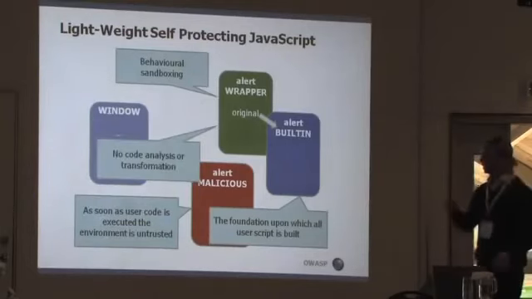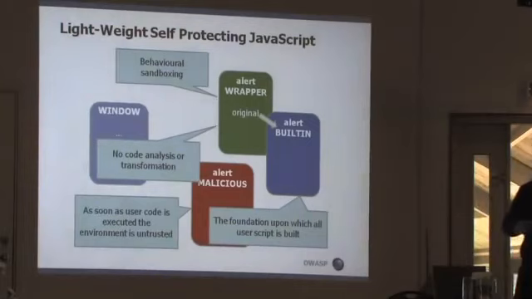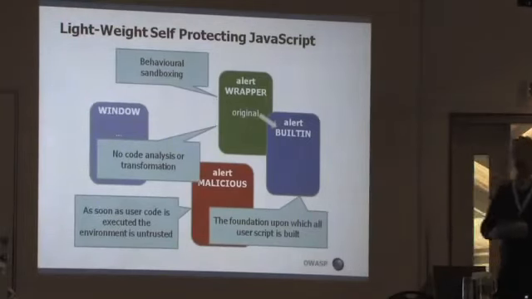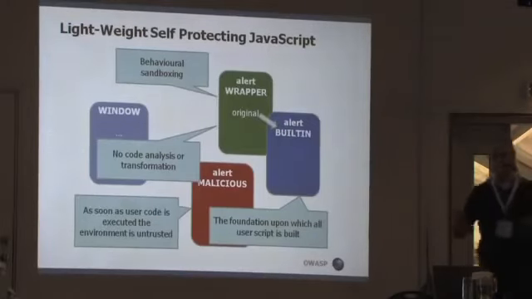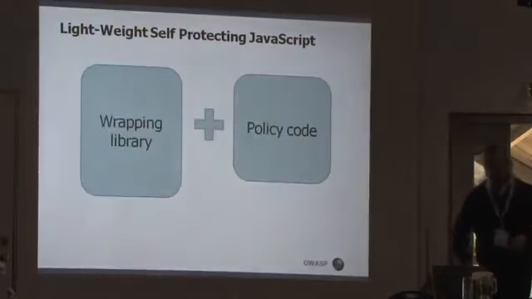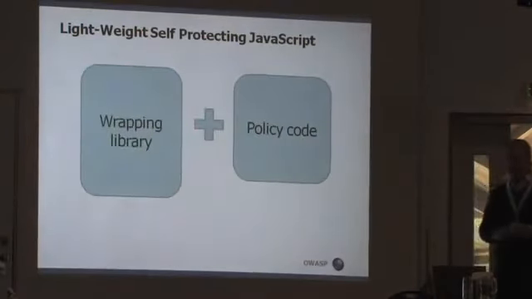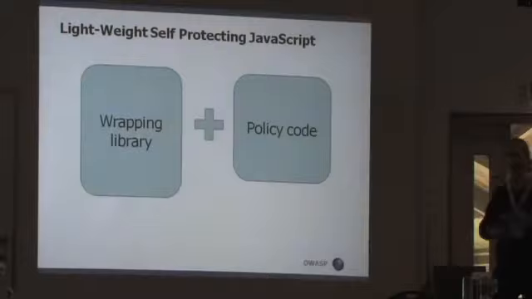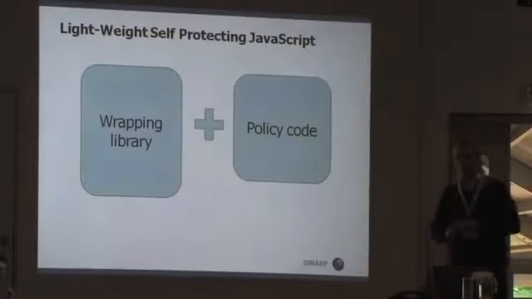And this is lightweight in the sense that we don't need to analyze the code. We don't need to transform the code. We just make sure everything's wrapped, and then we have control. The lightweight self-protecting JavaScript consists of a wrapping library that provides the functionality of wrapping built-ins, and some policies which enforce the behavior.